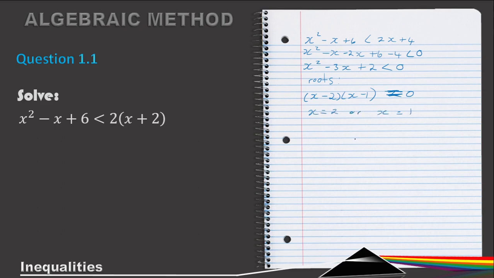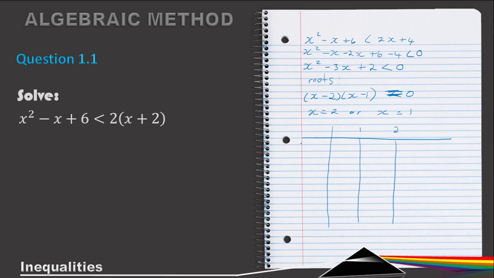All right, now instead of where we would have drawn a graph for the graphical method, now we're just going to draw this table. We have two roots, meaning we're going to draw two lines over here, and we list our roots in order from smallest to highest, ascending order, 1 and then 2.